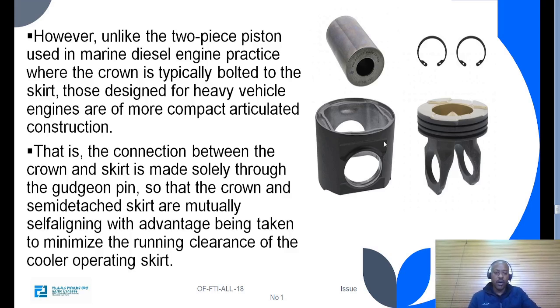So they are connected by a pin. The connection between the crown and the skirt is made solely through the guiding pin, so that the crown and semi-detached skirt are mutually self-aligning, with advantage being taken to minimize the running clearance of the cooler operating scheme.